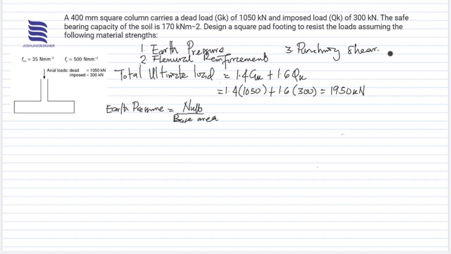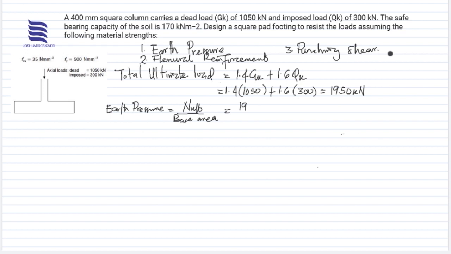In case you had not made contact with the previous video, you can check my video playlist. You find how to design isolated pad foundation, part 1. So you find the value for our base area and how we obtained all the values in that video. Right, so in that video, we obtained our base area to be 9 meter square.